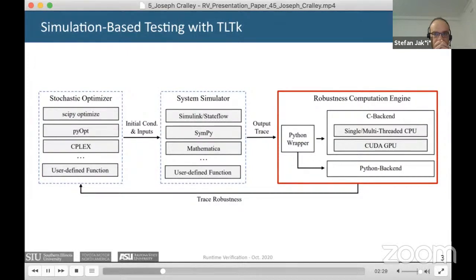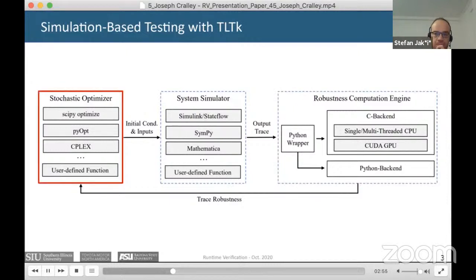The robustness calculation engine can take advantage of parallel processing to scale correctly on modern hardware. The main interface for the robustness computation engine is made in Python that wraps code written in C for fast robustness calculation. All the operations are represented by Python objects, where new STL operations can be added by adding new Python objects.